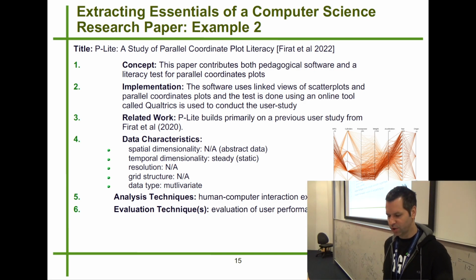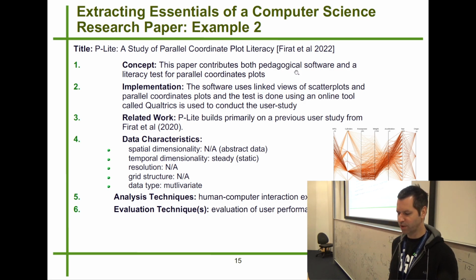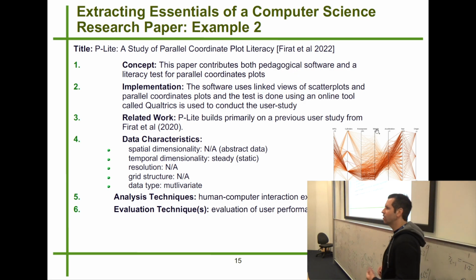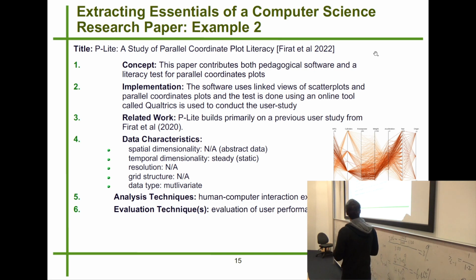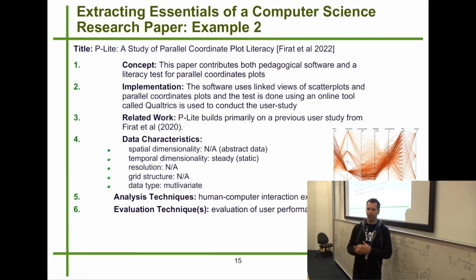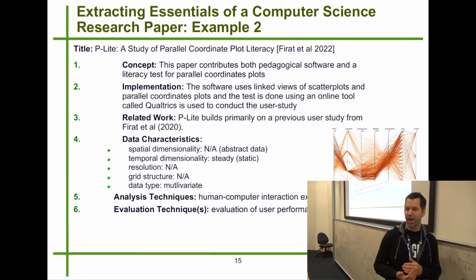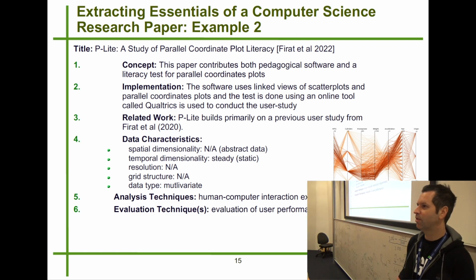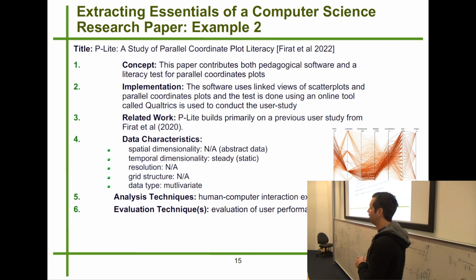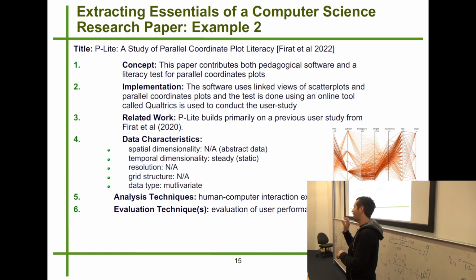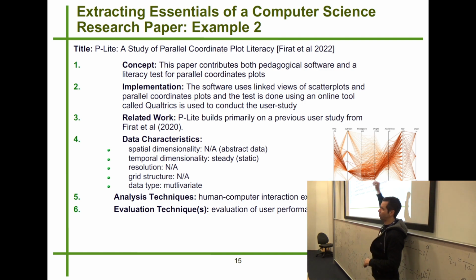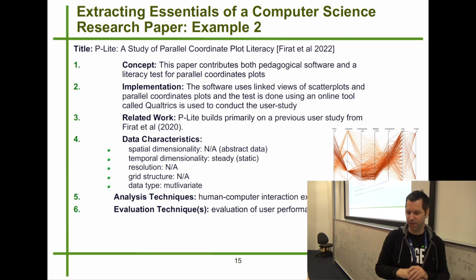A pedagogical software tool and a literacy test for parallel coordinates plots. This is what a parallel coordinates plot is. So what they're doing is introducing both a software tool and a test for parallel coordinate plot literacy, in other words, to study how people read and interpret these graphs. That's a parallel coordinates plot, right?